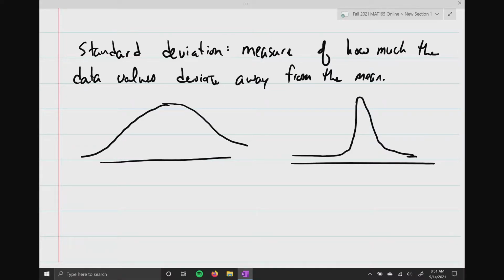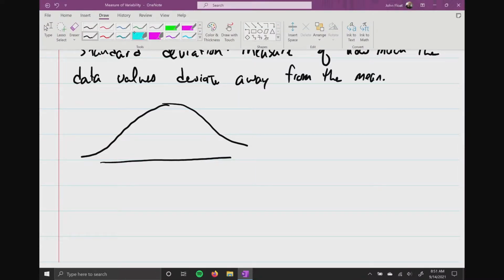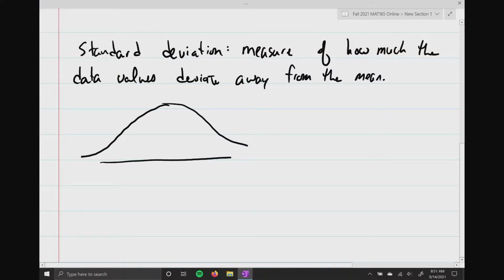The key to remember here, in fact, let me just do this. I think this is better because this is what I have in your notes. In both situations here, they have the same exact mean. However, their deviations are very different.